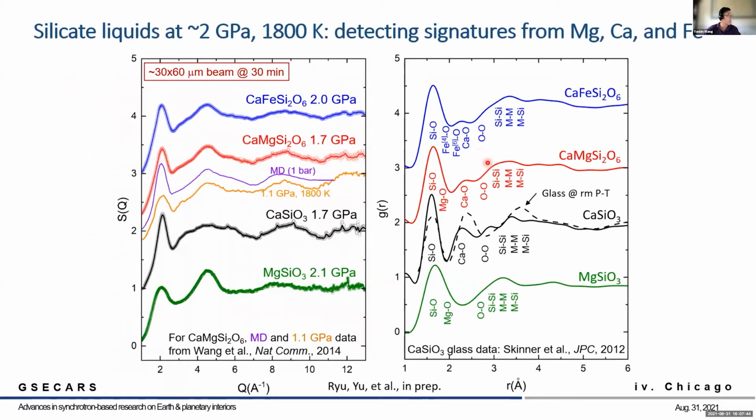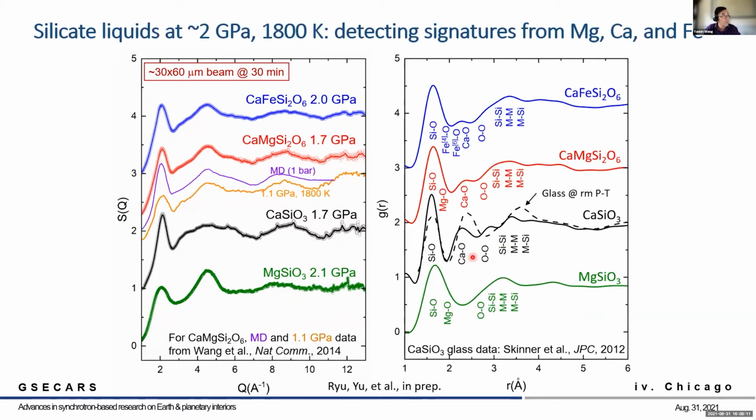This slide shows the data collected by Yangjae Ryu at GSECARS on 4 different pyroxene composition liquids, all at around 2 GPa or so. And after converting S(Q) into G(R), one can see that different elements, metals like magnesium, calcium, and iron contribute differently to the G(R).